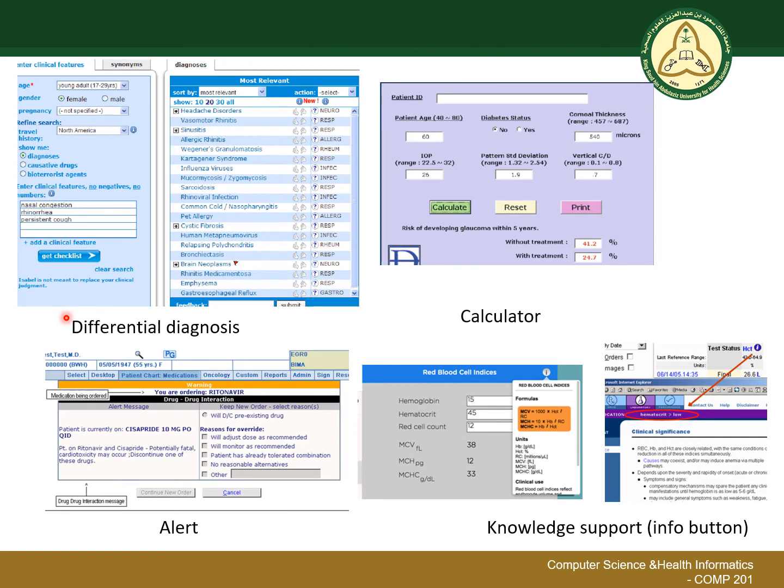So in this slide, we have different examples for the tools in the CDSS system. So this is a differential diagnosis system where the clinician can enter a number of symptoms and the patient information to reach the most relevant diagnosis. And here we have the alert.